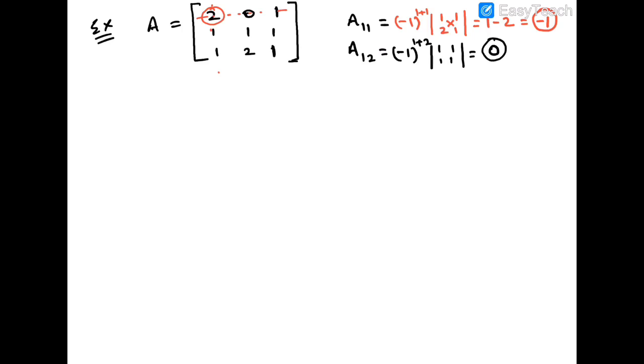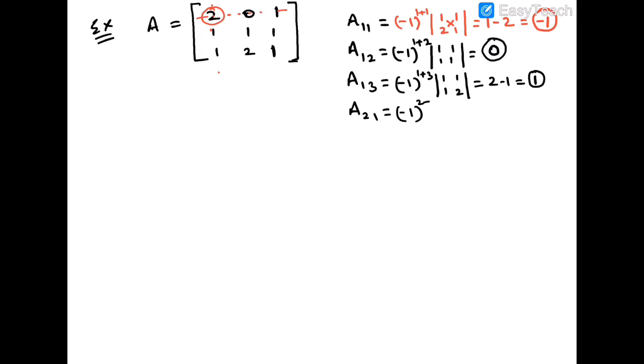Now the cofactor for 1, that is A13, will be (-1) to the power 1 plus 3, and if we eliminate the first row and third column, we will get 1 1, 1 2, which will give us 2 minus 1, that is 1.